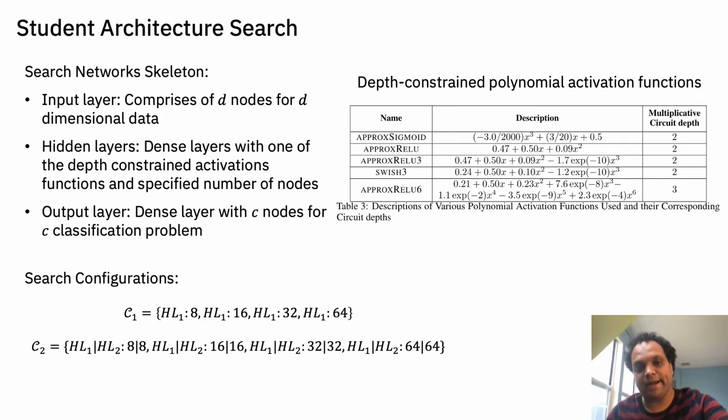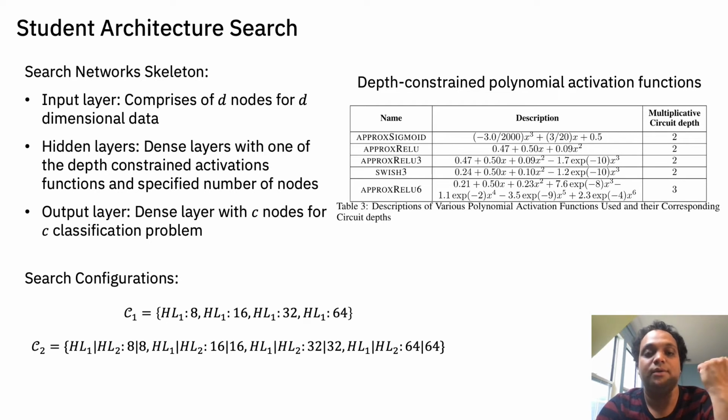So the table on the right shows you the different types of polynomial activation functions we use. These are different polynomial approximations of your popular machine learning activation functions such as sigmoid, ReLU, Swish, and so on. And then we build an architectural search around these activation functions by playing around with different configurations of a shallow neural network or a candidate student network.